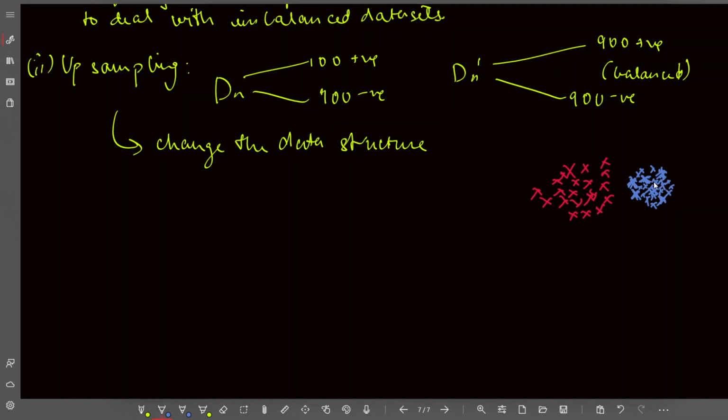So you're basically changing the structure of the data set. You're adding more points. So this is another technique to overcome that. It's actually called creating synthetic points.